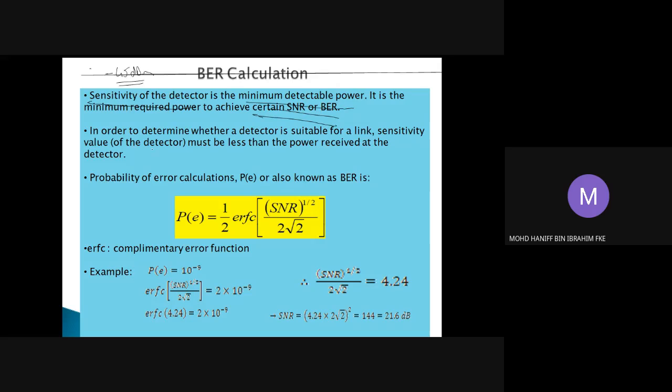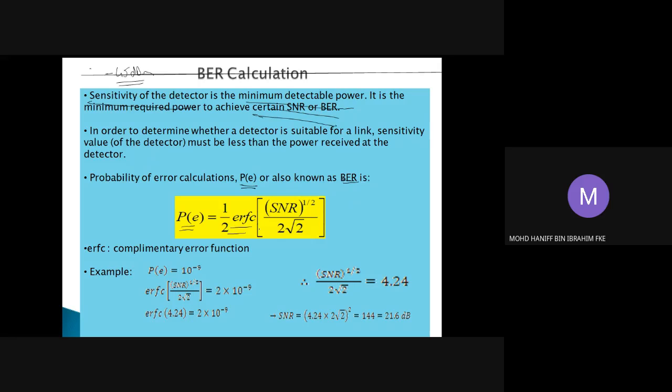So this is the equation of BER. PE is a probability of error calculation, which we also consider as a BER. The BER is given by this equation: half of ERFC. ERFC stands for the complementary error function.